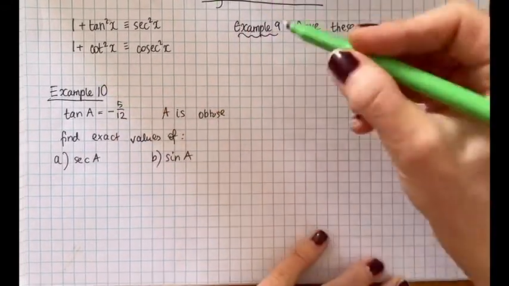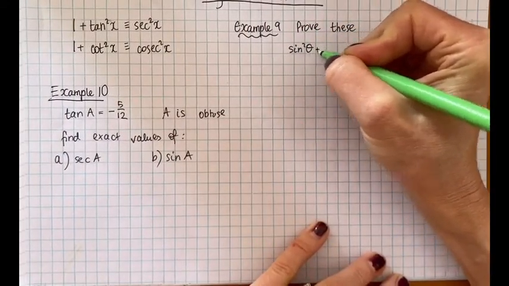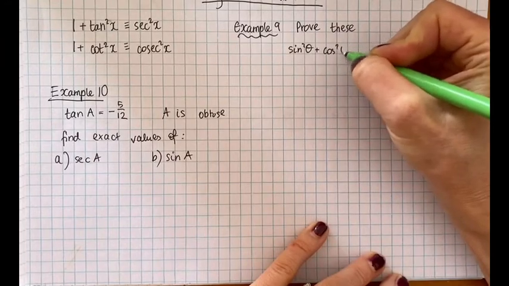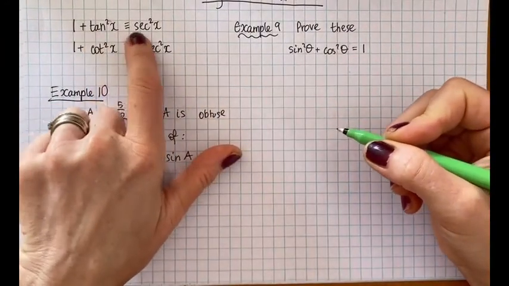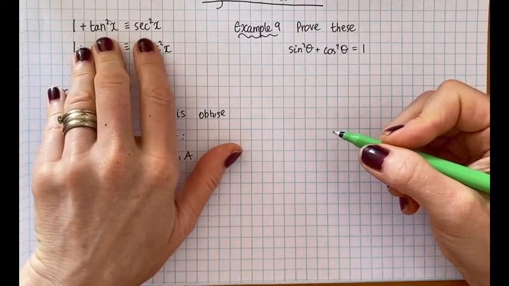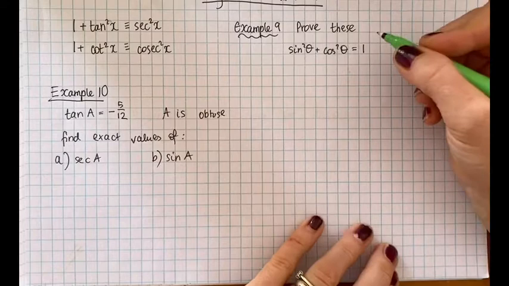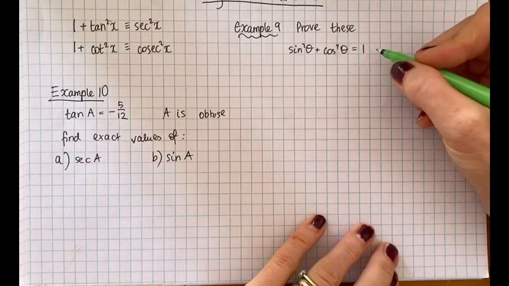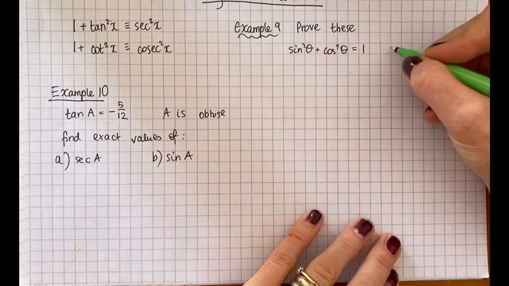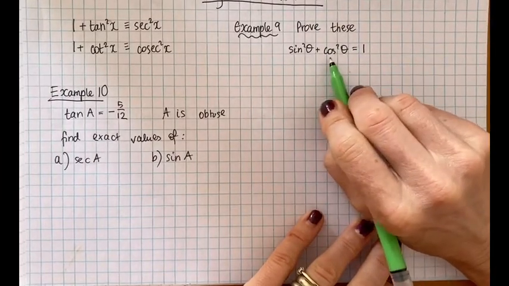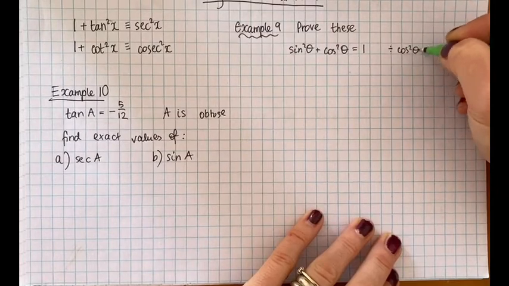So you start with sine squared theta plus cos squared theta equals 1. So we're going to find tan and sec. To make that into tan and sec, both tan and sec have cos in the denominator. So we are going to create cos in the denominator. Since we've got squared terms, we're going to divide everything by cos squared theta.